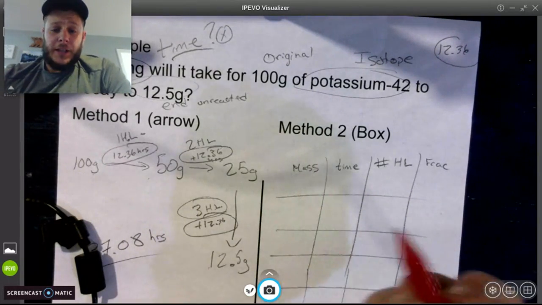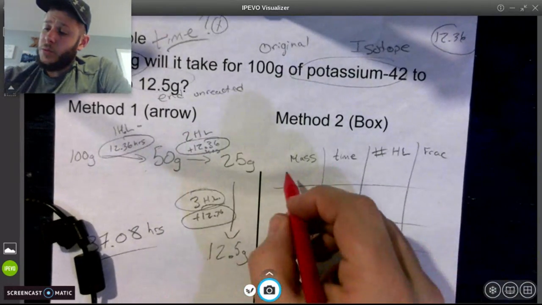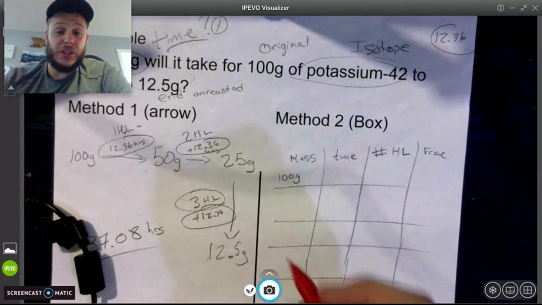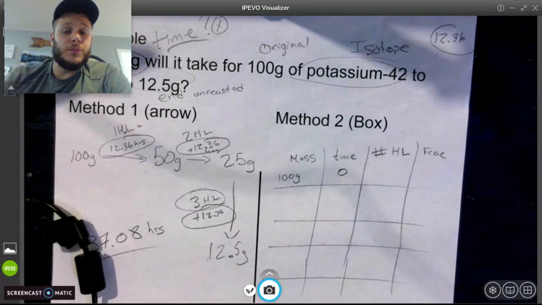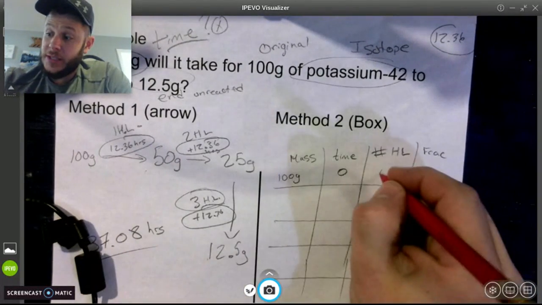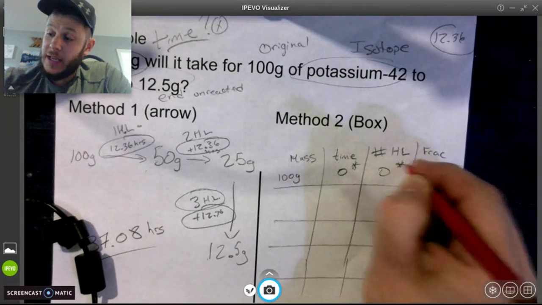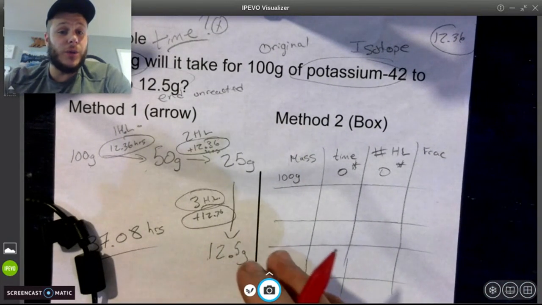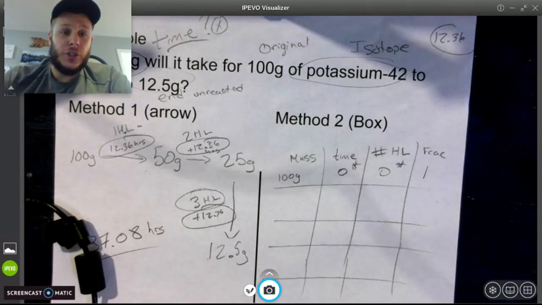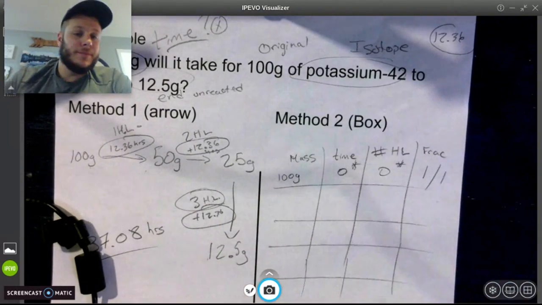So we just fill in as we go. The mass at the start was 100 grams. The time at the start was 0. The number of half-lives at the start is always 0. This and this always start as 0. The fraction is 1, because you have a 1 over 1.